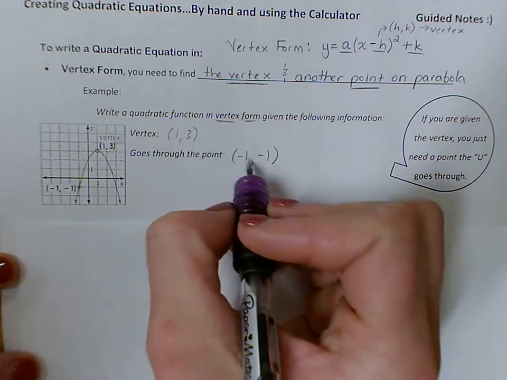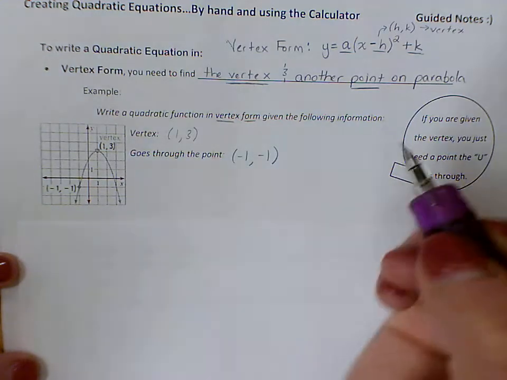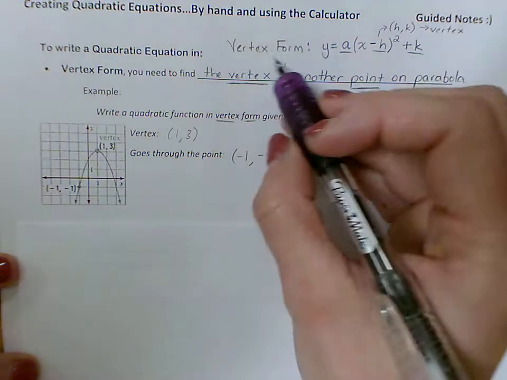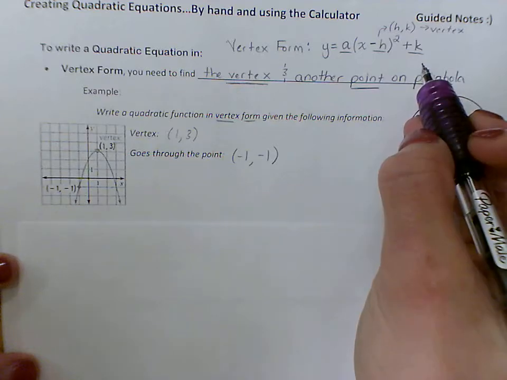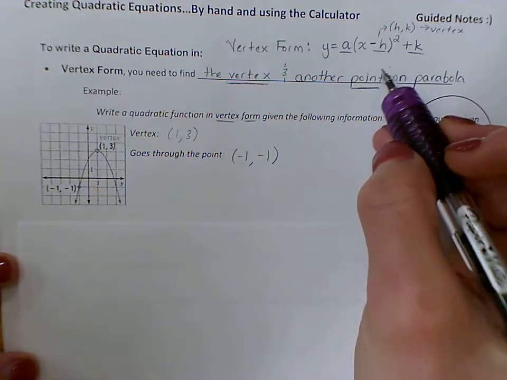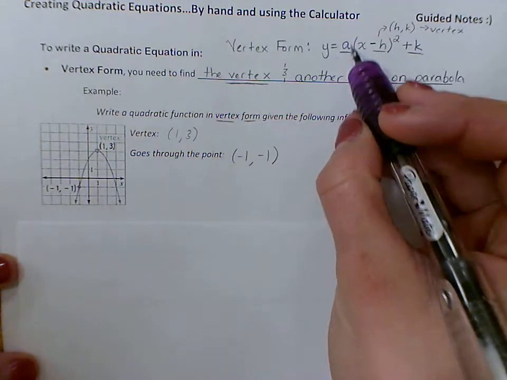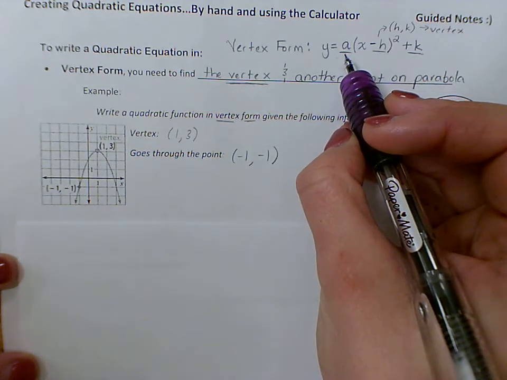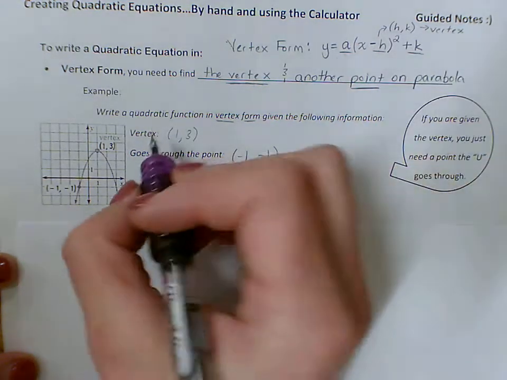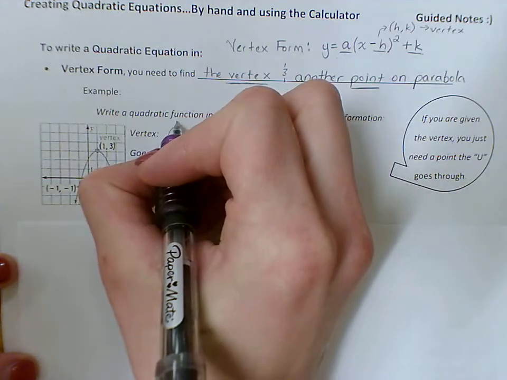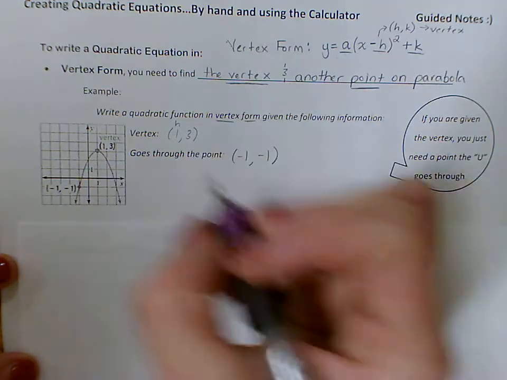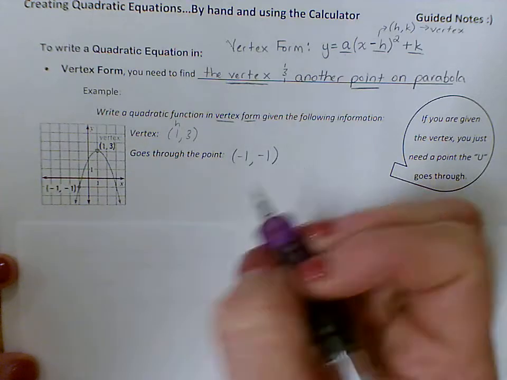So once you find all this information, what you're actually going to do first, before you can write this in vertex form, is plug all of this into that equation and solve for a first. Okay, so how do you do that? Well, remember, the 1 in your vertex is your h, so that 1 goes where the h is in the equation.